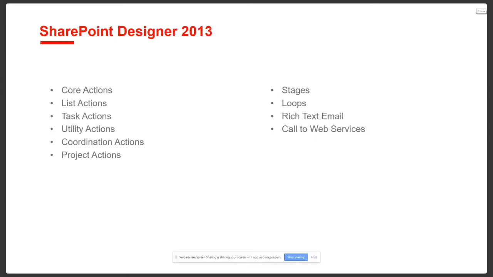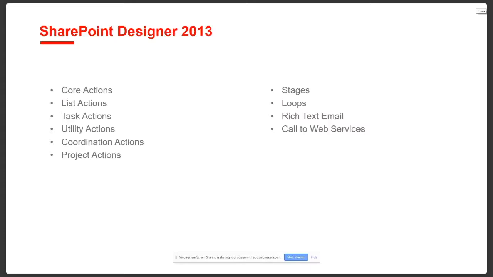You're going to be able to see more clearly what is going on, but also use conditionals in order to run into different stages or different buckets of actions. The ability to create loops is now provided within the SharePoint Designer 2013 workflows.